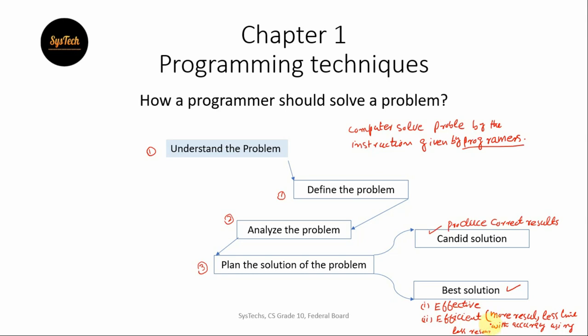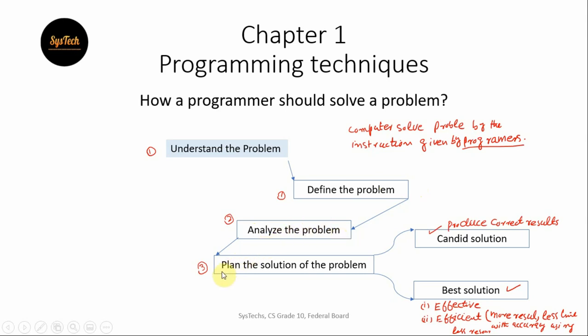Okay, so these are the responsibilities of a programmer. Basically, these are not the responsibilities of the programmer of today. Someone else is responsible for this. Anyhow, this is the roadmap for how a programmer should solve the problem. First of all, understand the problem, and understanding means define the problem. When you have pinpointed that this is the problem, then you will analyze it in detail.